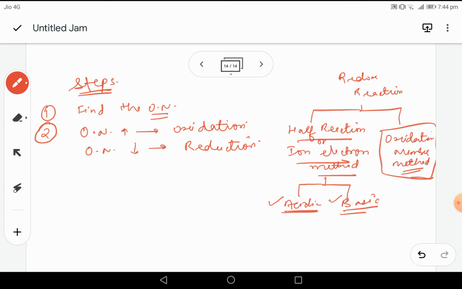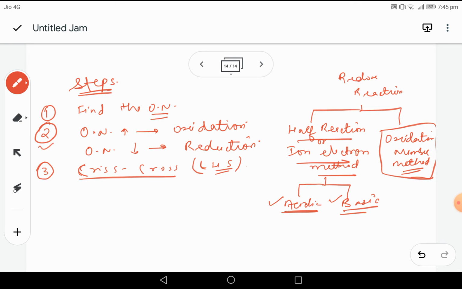So in the third step we are going to do the crisscross. Now what is that crisscross? Remember one thing, this crisscross will be done only on the left hand side. We are not going to do it on the right hand side of the equation. What do we mean by crisscross?